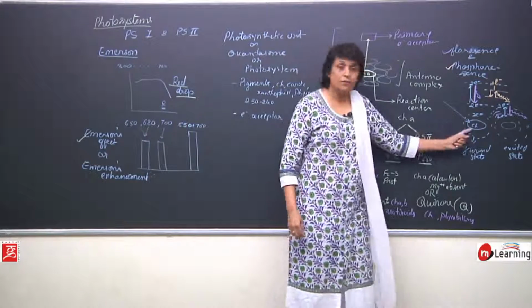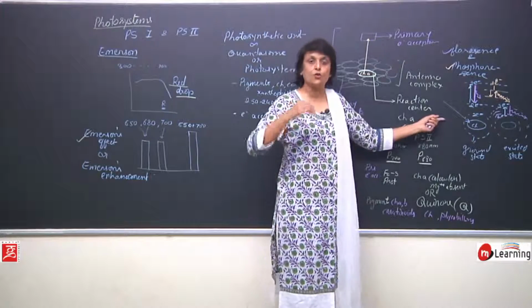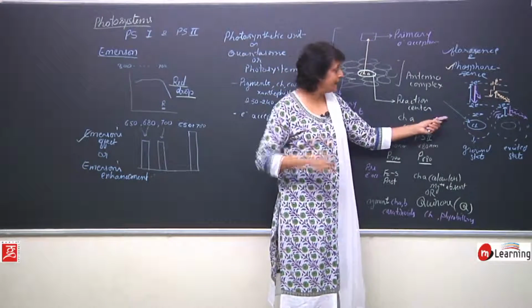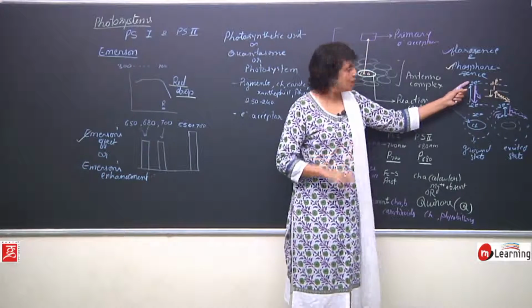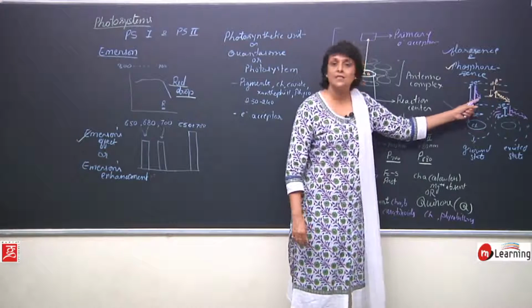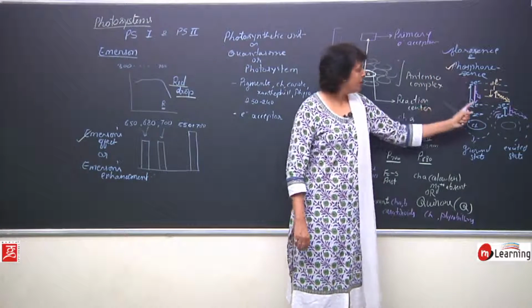When light falls on chlorophyll, a pair of electrons gets excited and goes to the higher level. From ground state it goes to excited state. In normal condition it would come back in one go, and that extra energy would be released in the form of some wavelength, that is known as fluorescence.